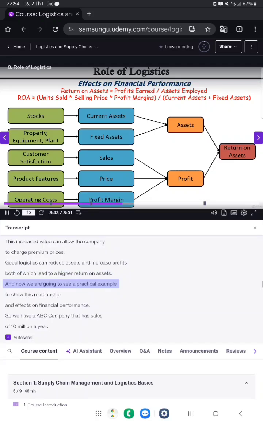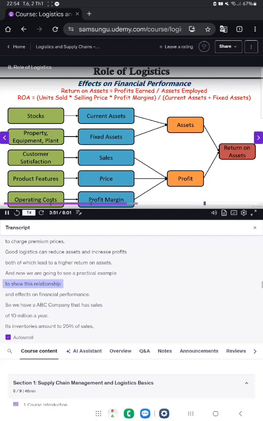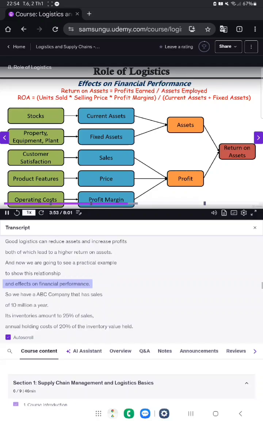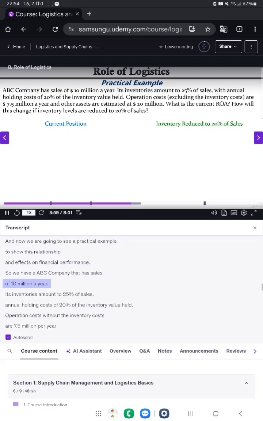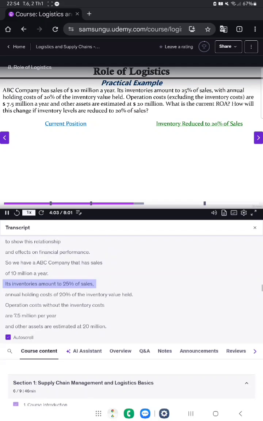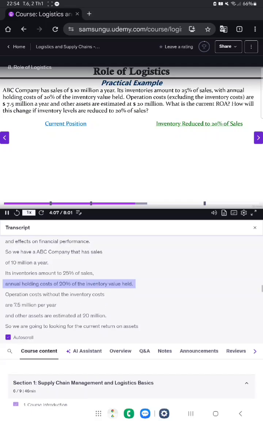And now we are going to see a practical example to show this relationship and its effects on financial performance. So we have ABC company that has sales of 10 million a year. Its inventories amount to 25% of sales, with annual holding costs of 20% of the inventory value held.